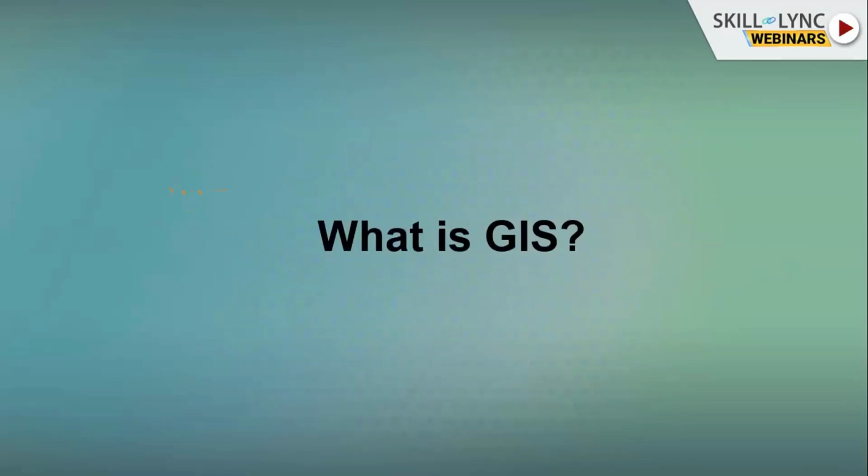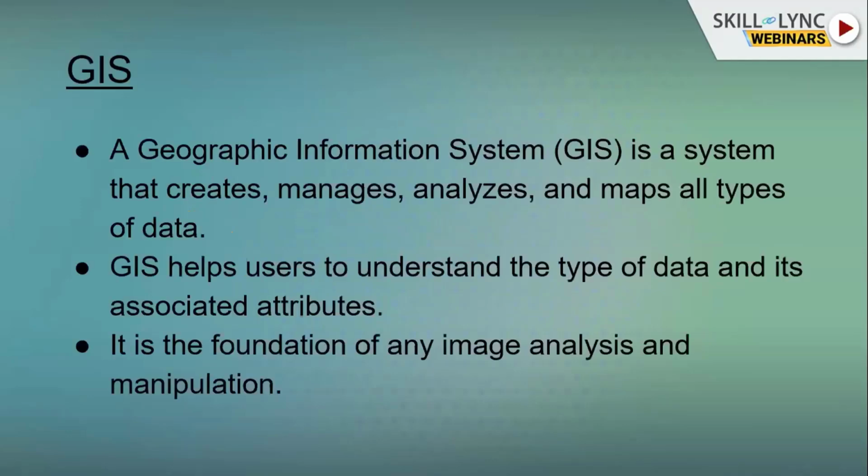So moving on, now, what is GIS? GIS is basically a geographical information system. It creates, manages, analyzes, and maps all types of data. GIS has become a core field nowadays, and if you look a decade before, people were not aware of this field, but now GIS is getting implemented in each and every field, whether it is IT or automobile or automation technologies.